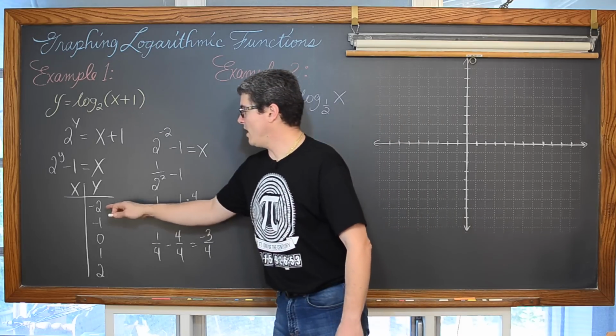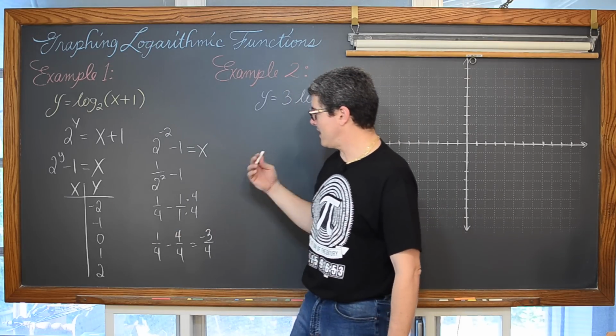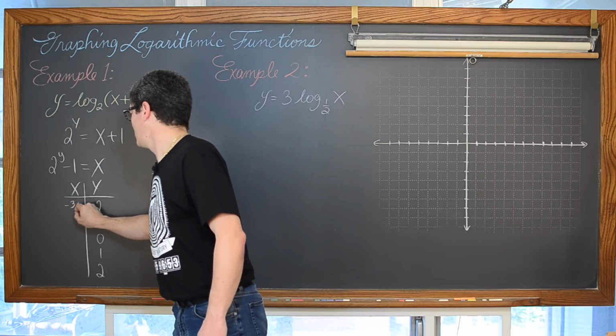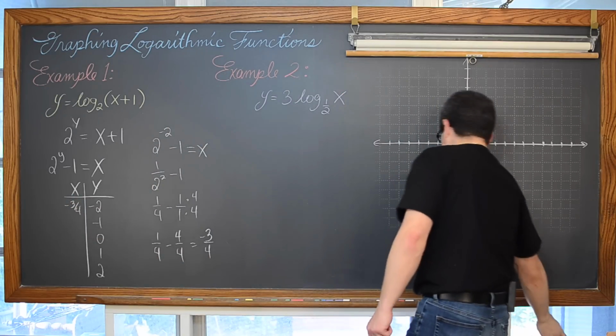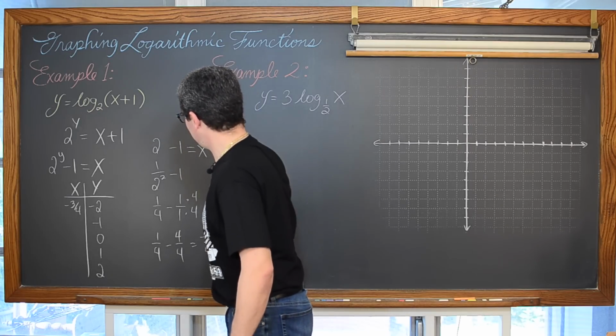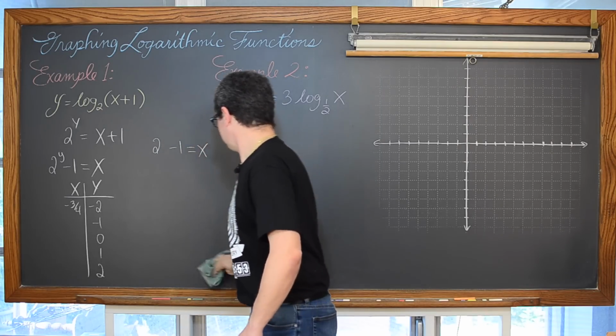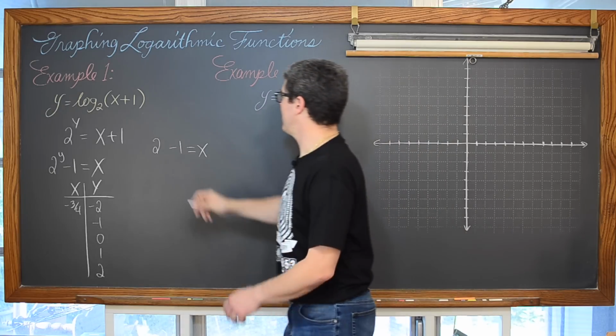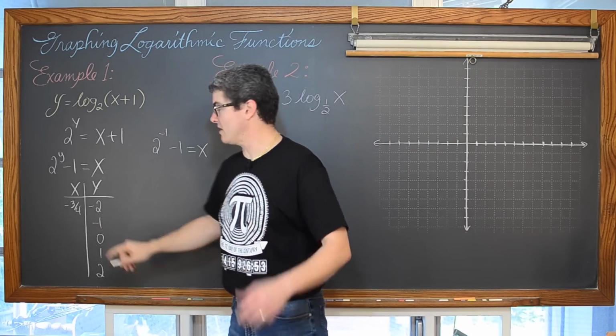So when we have a y value of -2, our x value is going to be -3/4.